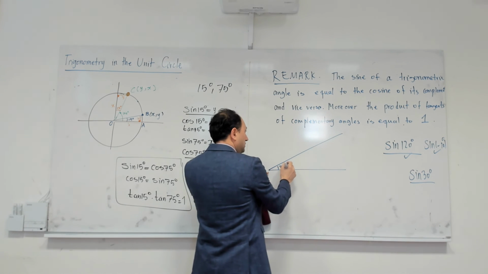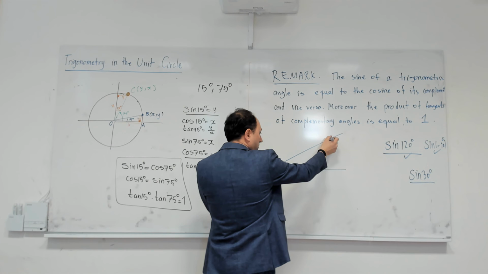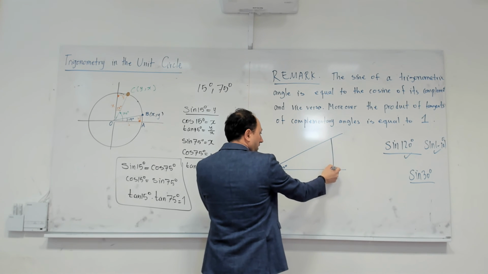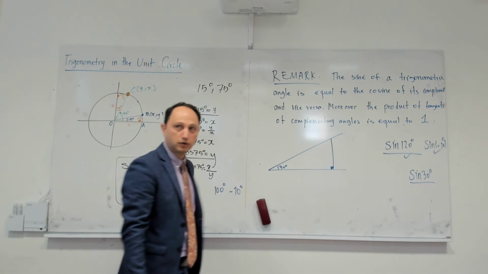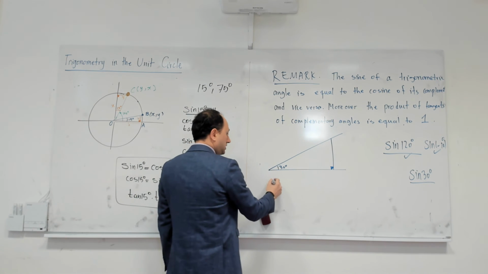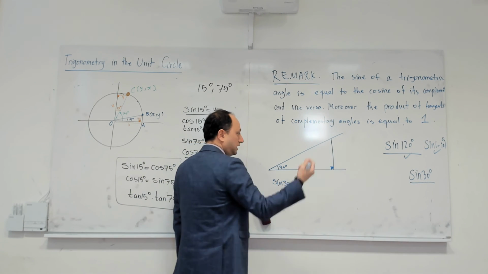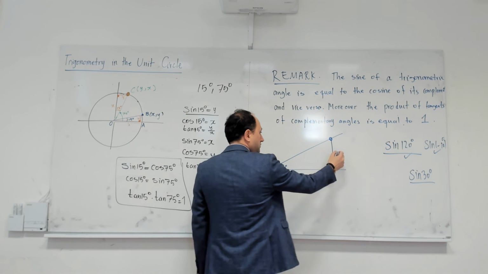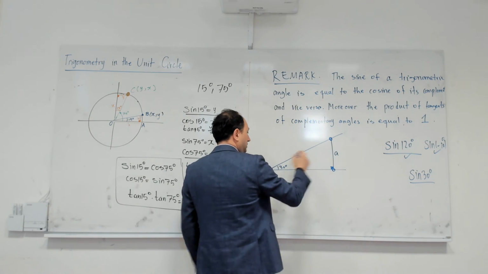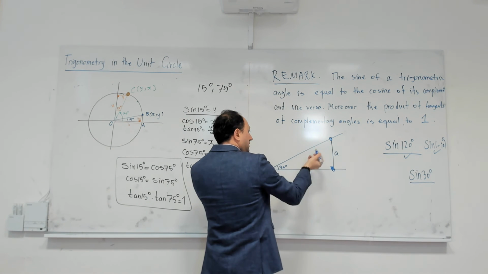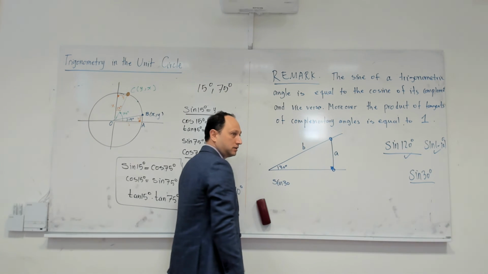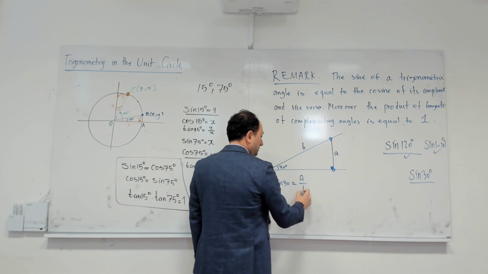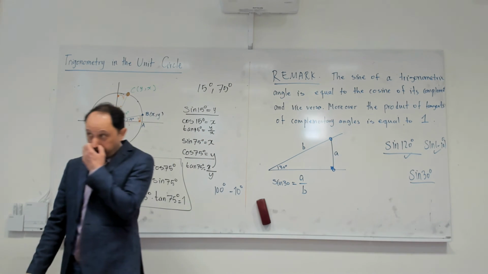And then you take your ruler, and there are some ways that you can draw perpendicular lines, and then you do it. Now I ask you, what is sine of 30 degrees? You take your ruler, measure this length, which turns out to be A, and then you measure this hypotenuse length, which turns out to be B, and then you do A over B, you get a number. Do you understand?